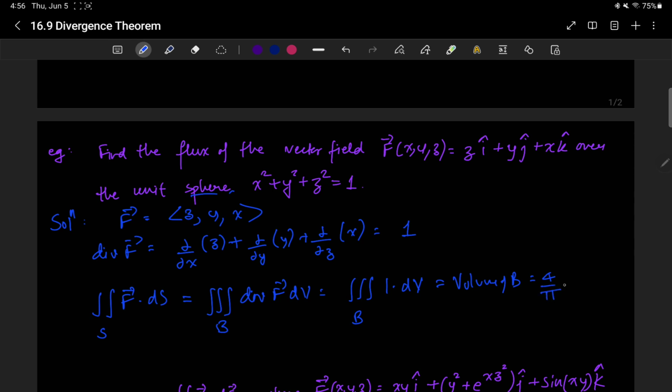Volume of a sphere is 4/3 pi r cubed, unit sphere, so we get 4 pi over 3, which if you go back in your notes, you'll find is the same result that we obtained when we learned about flux for the first time. However, at that point, there was much more involved calculation as opposed to now, where it's just the volume of a sphere. So that's one application.